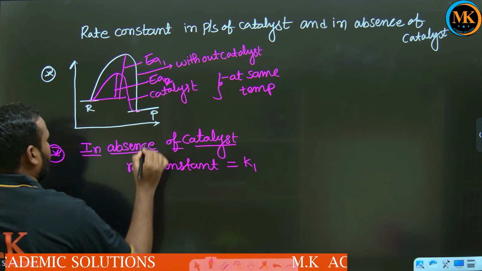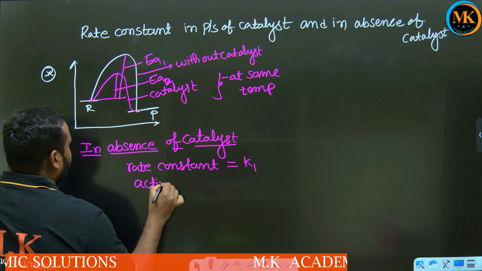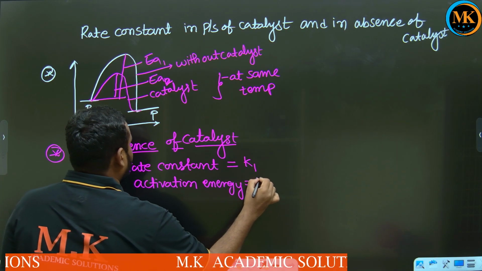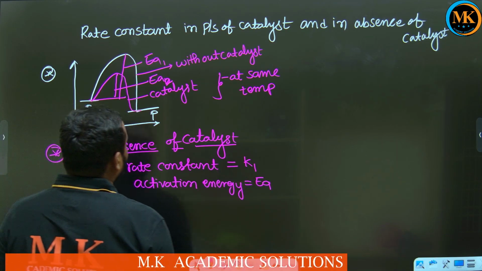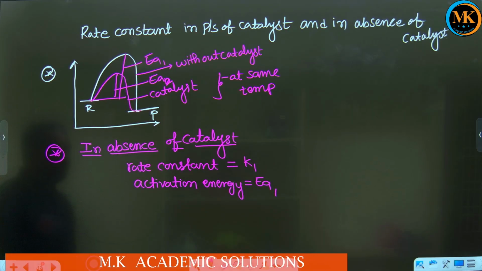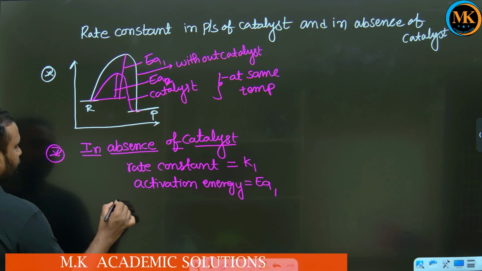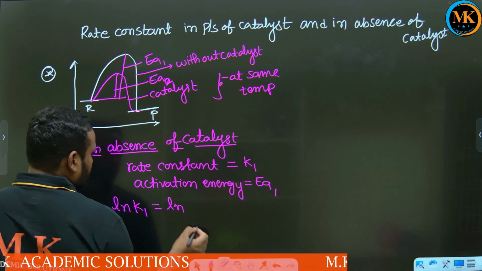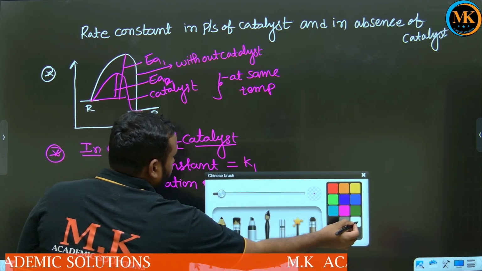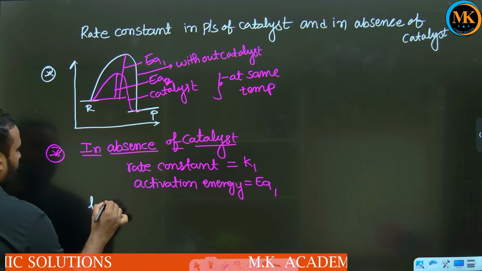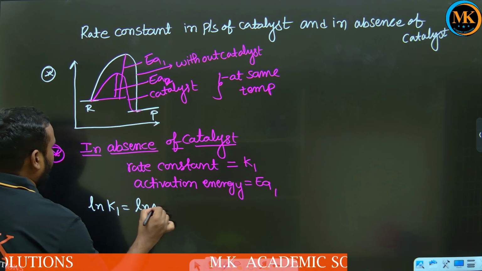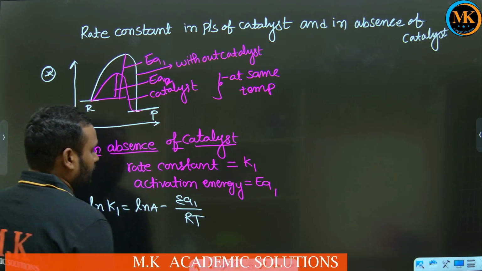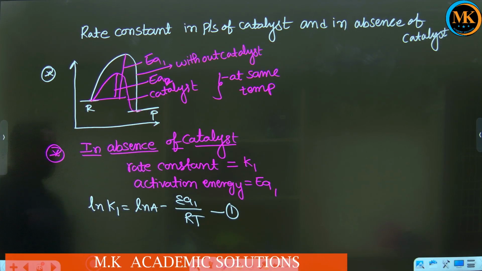And how do we write the Arrhenius equation here, children? ln K1 equal to ln A minus EA1 by RT. Consider it as equation number 1.